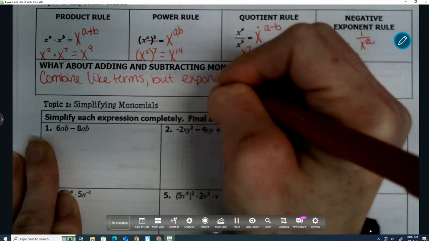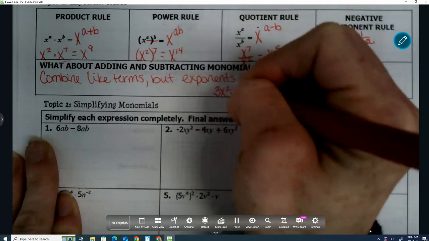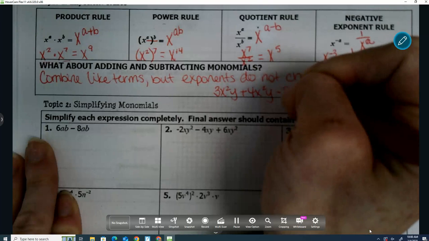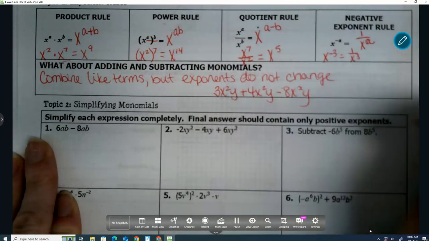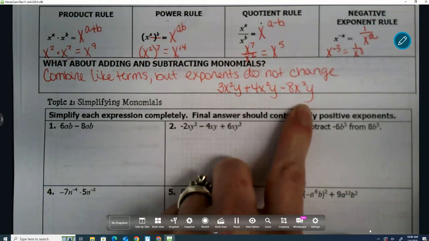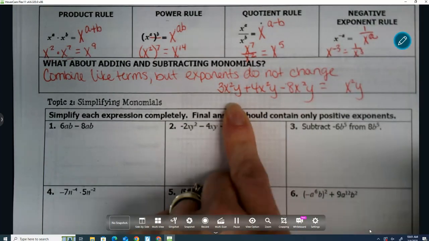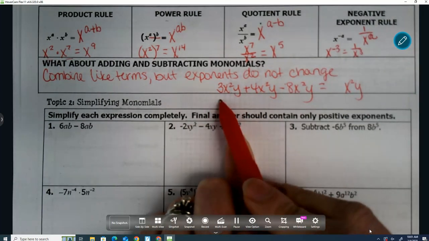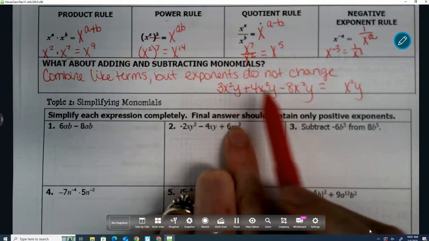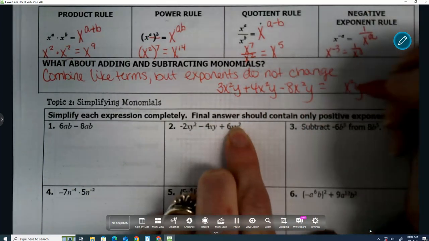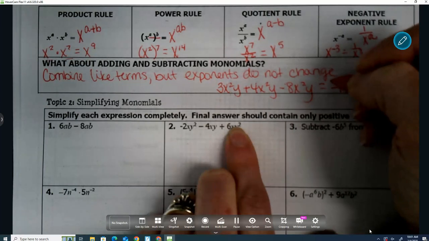Okay, so if I said 3x squared y plus 4x squared y minus 8x squared y. These are all the same because they're all x squared y. When I put them together, it's still x squared y. You just combine the numbers in front. So 3 plus 4 minus 8 gives me negative 1, or just negative x squared y.